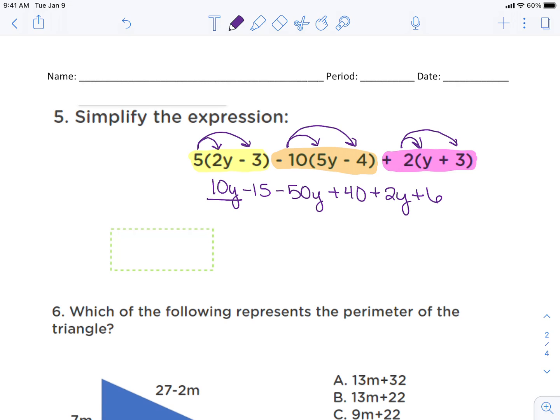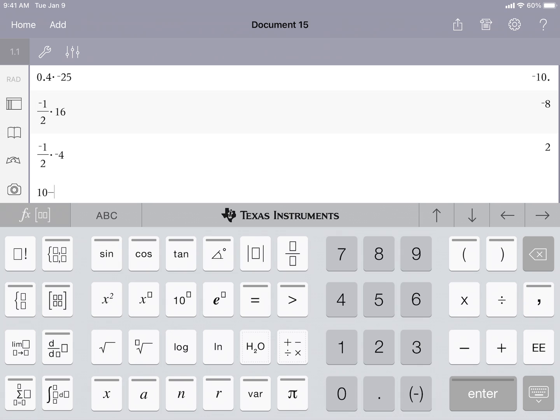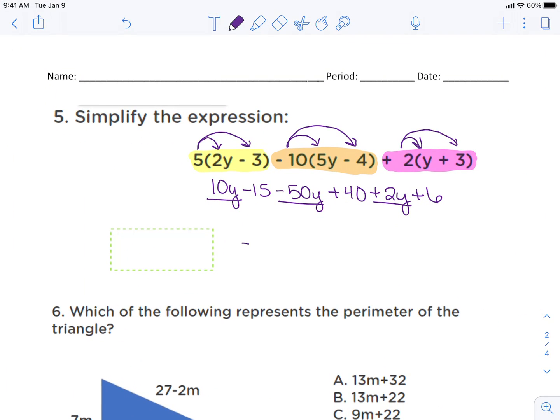So I have a 10y, a negative 50y, and a 2y. So 10 minus 50 plus 2. I can go to the calculator. 10 minus 50 plus 2. I get a negative 38. So I have a negative 38y.